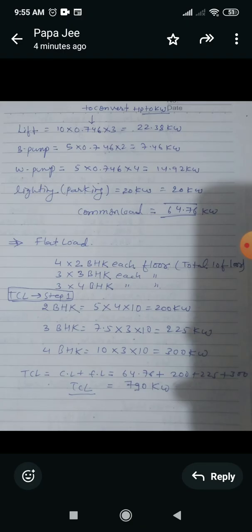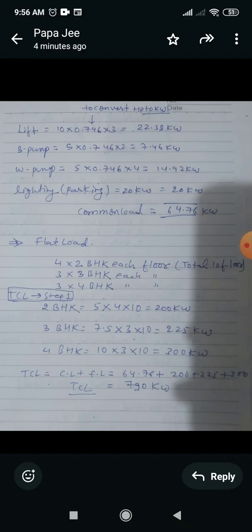Same for the borewell pump, we have taken two borewell pumps, and for one borewell pump we have taken 5 HP, and then again we multiply by 0.746, so we get 7.46 kilowatt for the borewell pump. And for the water pump, we have taken 4 water pumps for the entire building, and for each water pump 5 HP, and to convert from HP to kilowatt we multiply by 0.746.